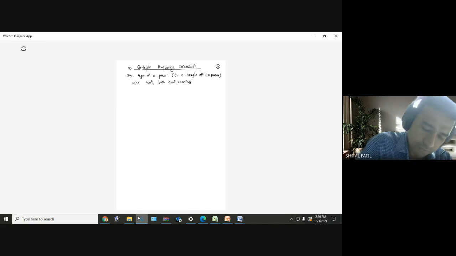Okay. For our example, for simplification, we are taking minimum age 20. Actually, it is 18, but let me take it as 20, and maximum 100.